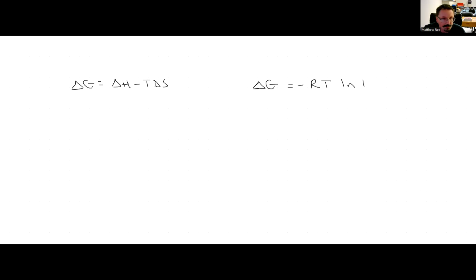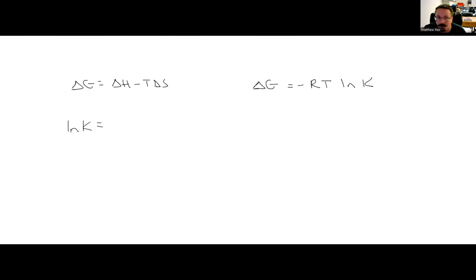Or you could utilize this equation, and you've got negative delta enthalpy for the reaction over R.